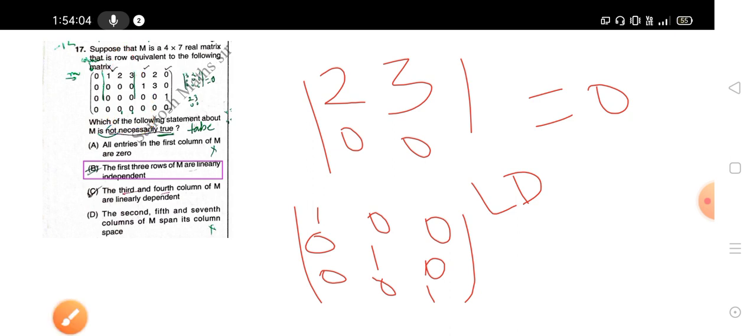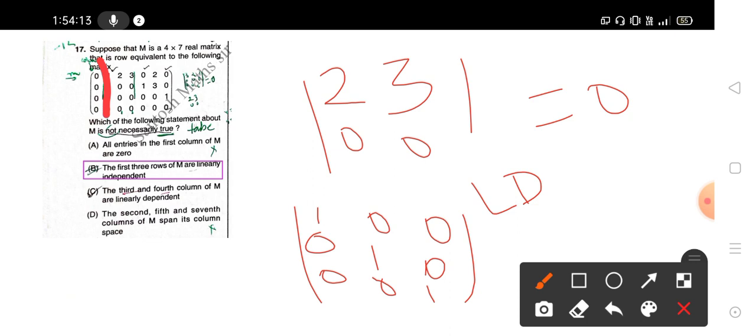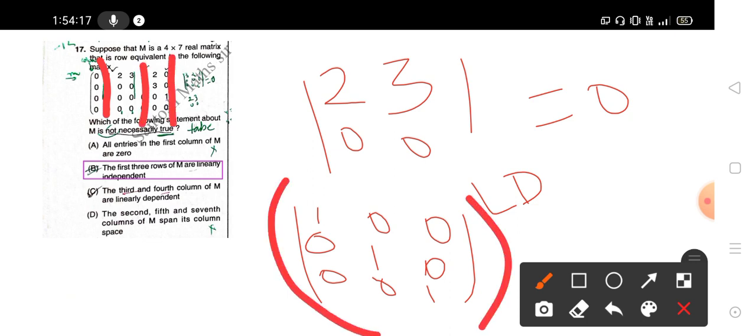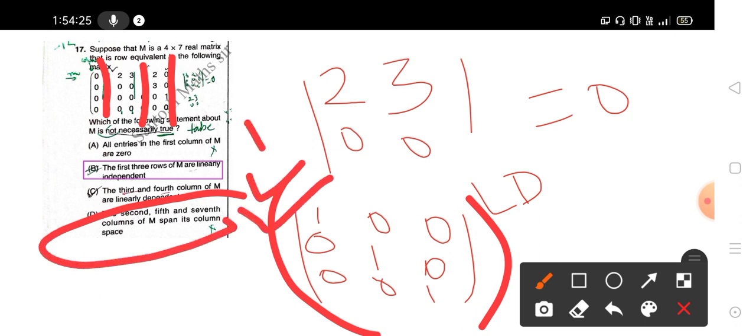The next option: the second, fifth and seventh columns of M span its column space. Here these are the standard basis, so it spans the column space. This is also correct.